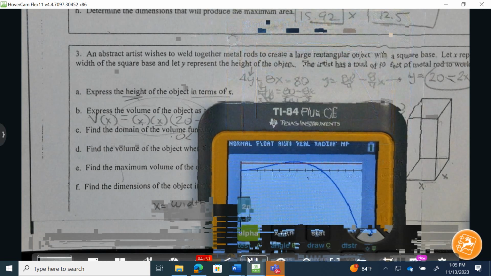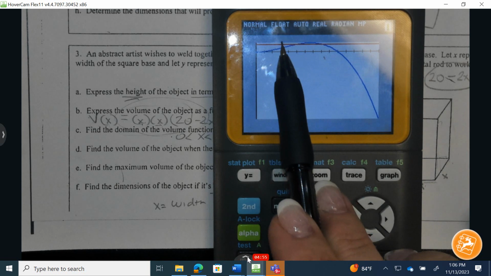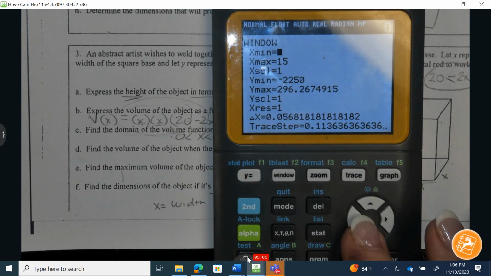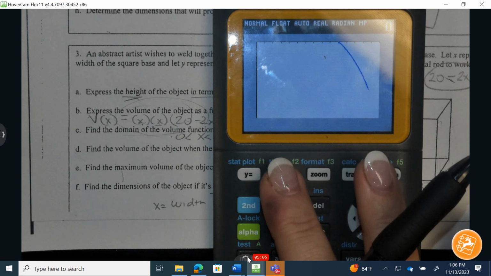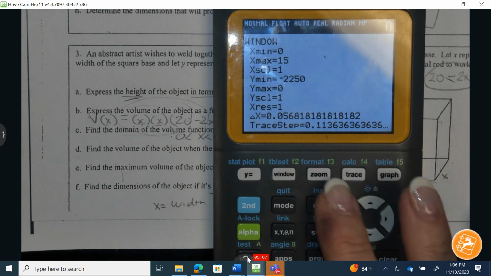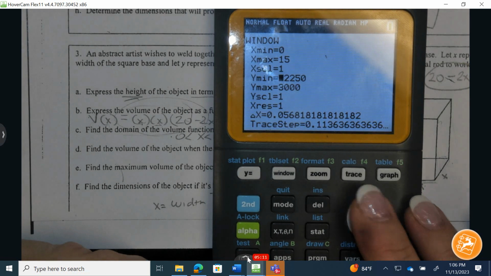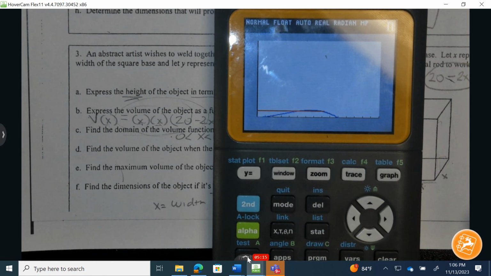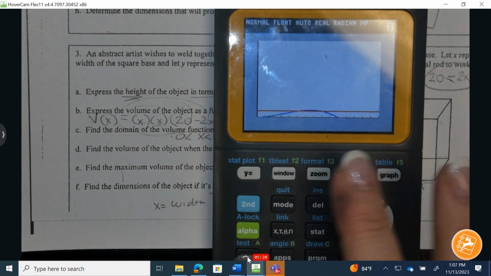Right now I don't need to have Y values that are negative. Remember, my Y values are going to show what the volume is. So there's no need. I'm going to come up here and take out negative Y values. Oops, sorry, I did the wrong number here. My maximum should have been 3,000 or 2,900. The minimum should have been 0. Okay, I think we can zoom that in a little bit better.